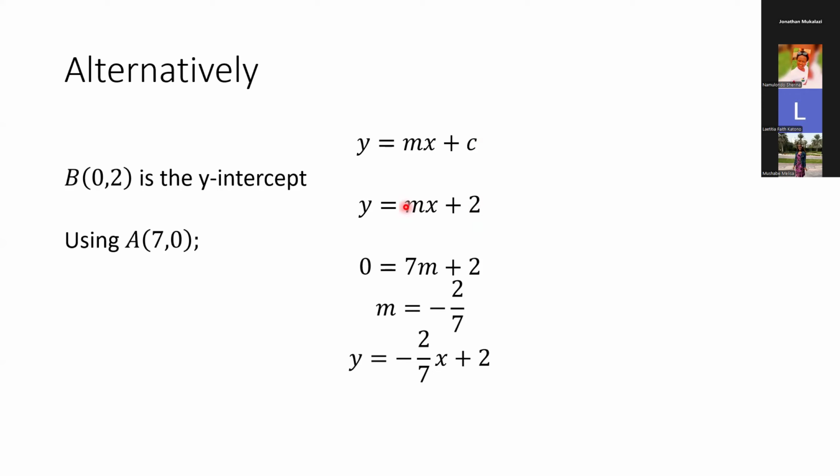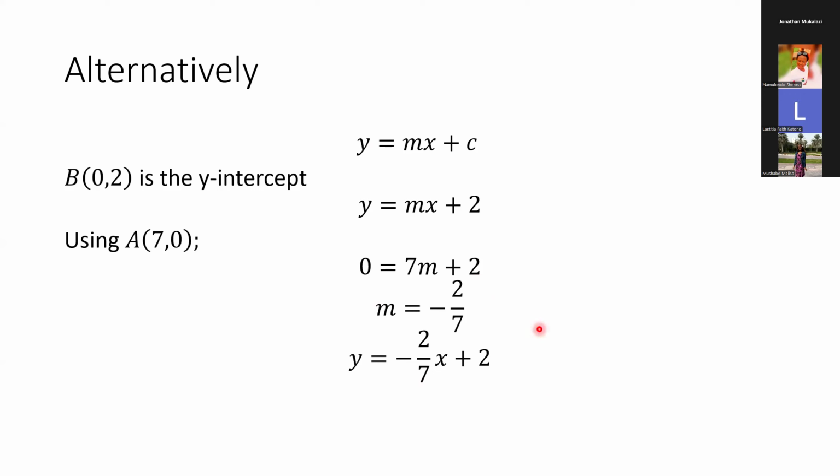Then we can use the point (7, 0) to calculate the gradient, and just fill the gradient into this equation, and we are done. So do we all get it up to this point? Okay, I'm going to assume everyone does.